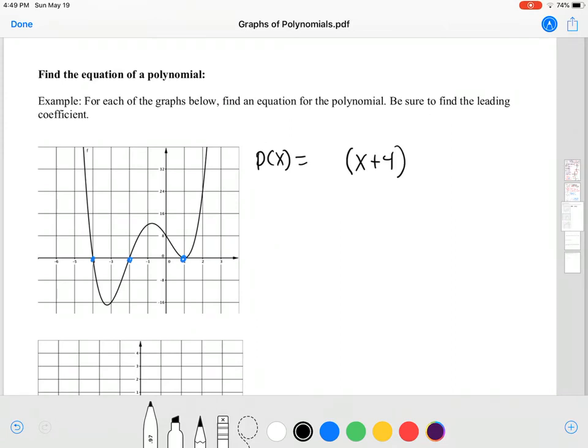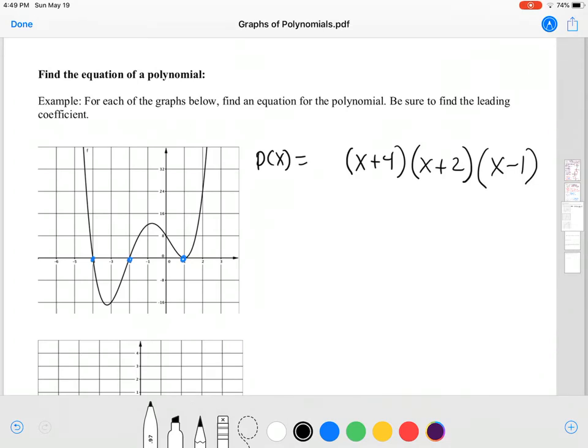I also have an x-intercept at -2. So that means I have to have a factor x plus 2. So when I plug in -2, I get out 0. And then for the last intercept, I have an intercept at 1. So that means I have to have a factor x minus 1. So when I plug in 1, I get out 0.